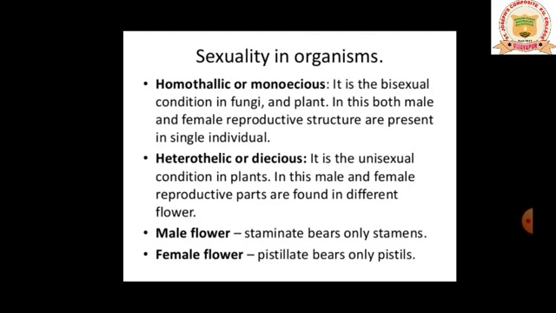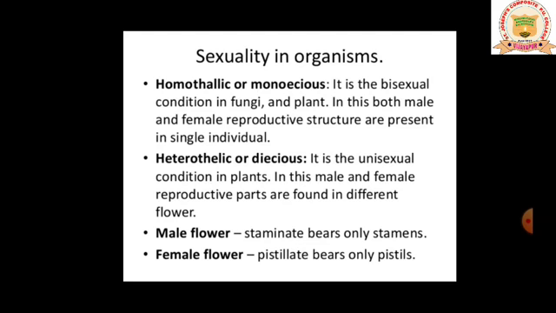It is the bisexual condition in fungi and plants. In this, both male and female reproductive structures are present in a single individual. If you consider a plant or a simple organism like fungi, in a single plant you are going to see male as well as female reproductive structures.